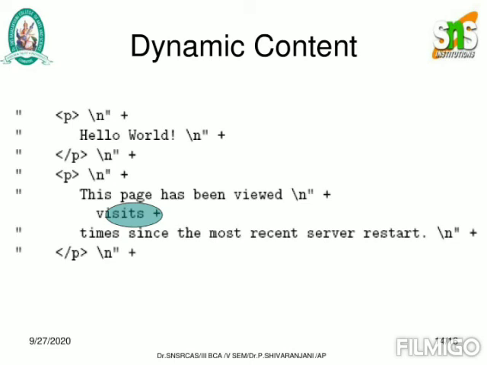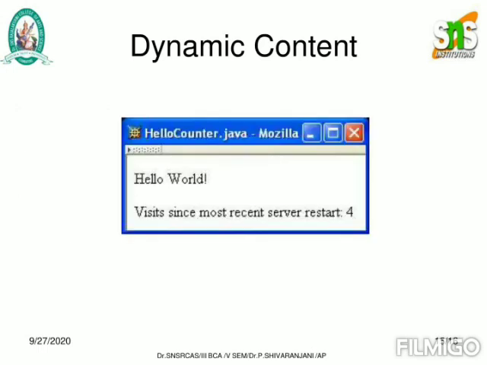Here in my program, I have used a paragraph. In that paragraph, I display content saying Hello World, and this page has been viewed, and the time since the most recent server restart. So this is the sample output of your dynamic content.